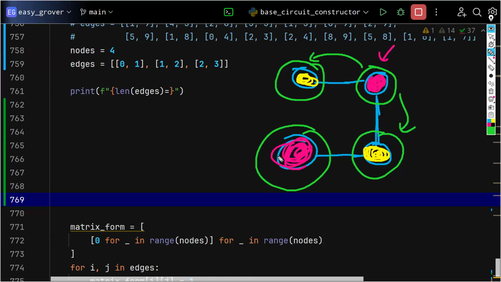Or for example, I could say, you know what, I have actually removed this.